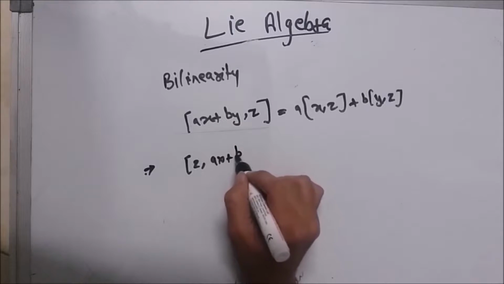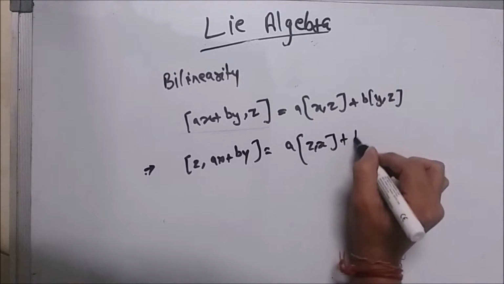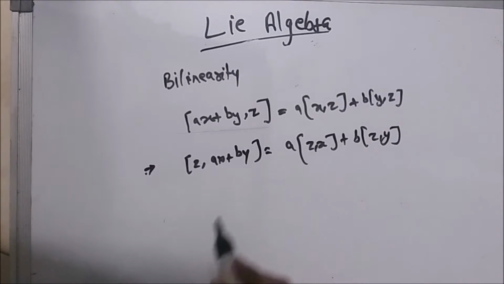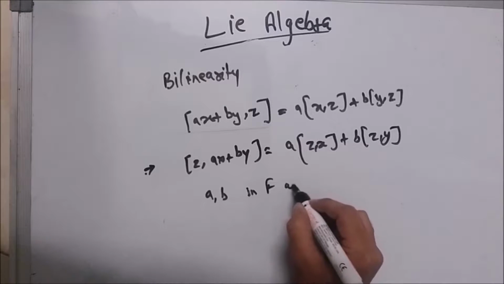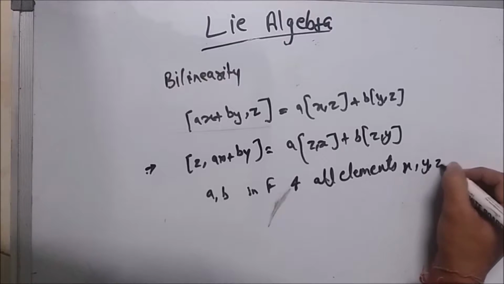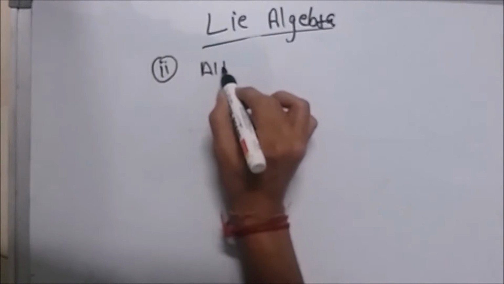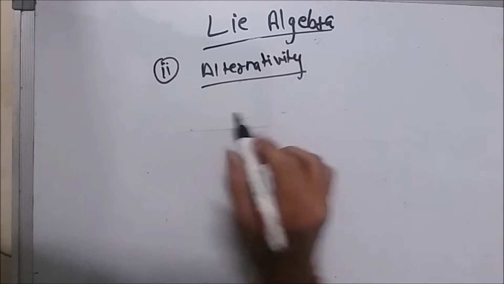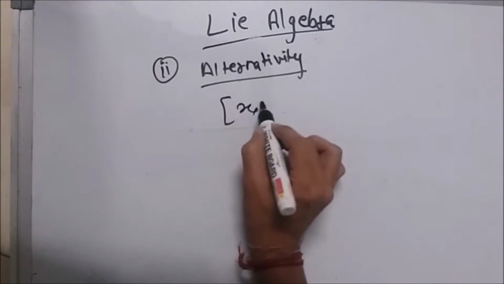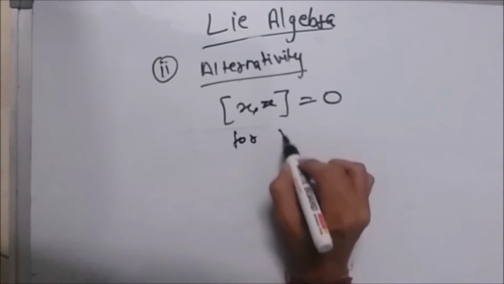Also, [z, ax + by] is equal to a times [z, x] plus b times [z, y], where a and b are in F, and this holds for all x, y, z in G. The second property of the Lie algebra we'll talk about is alternativity, which says the Lie bracket of x with x itself is 0 for all x belonging to G.